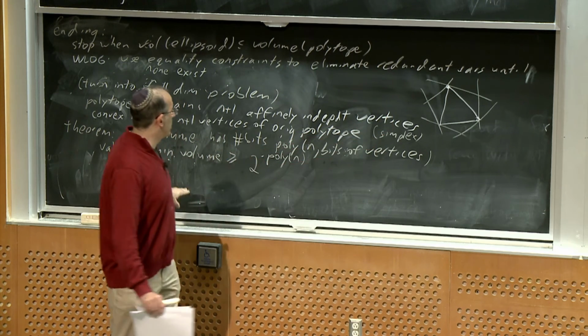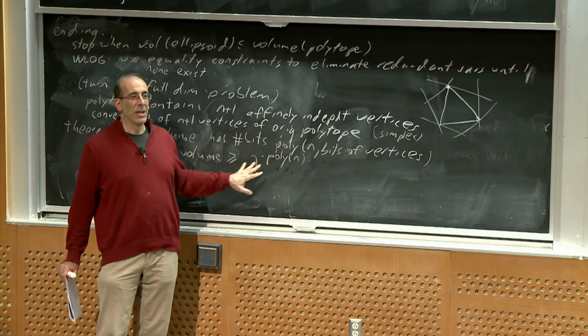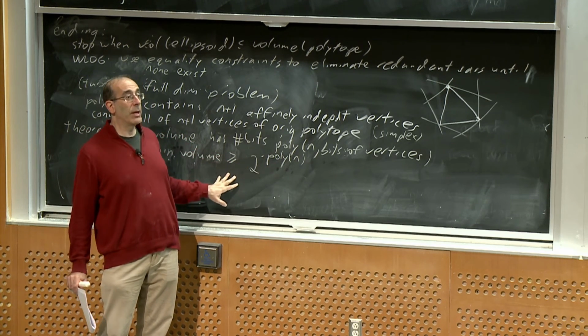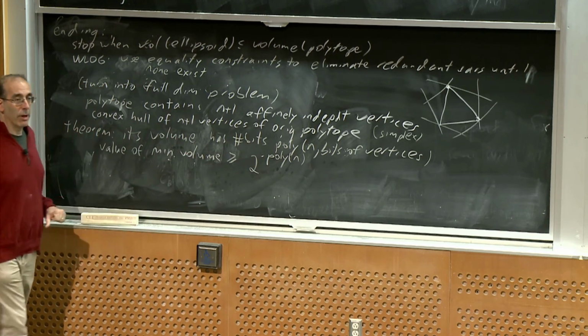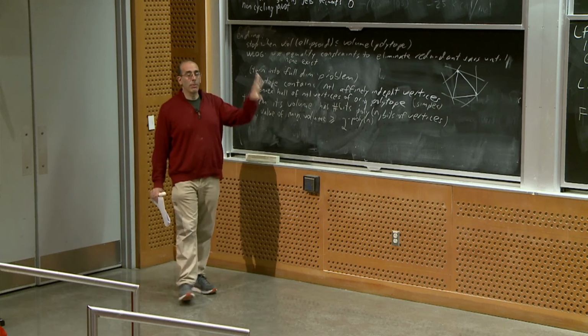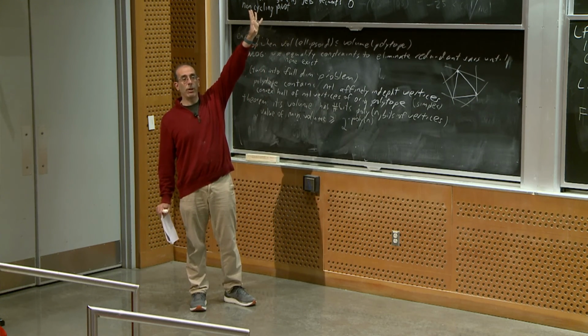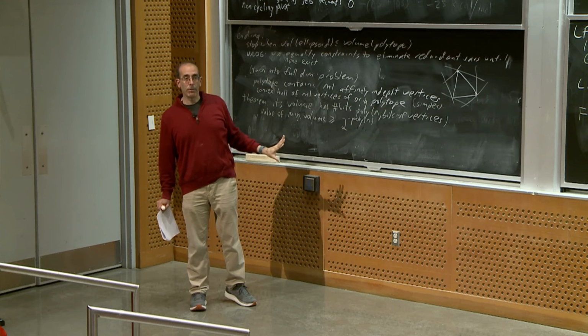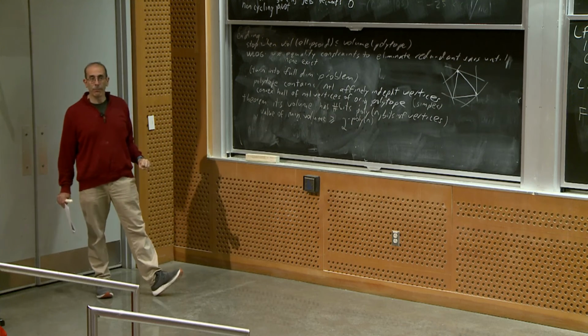Once the volume is a constant, because the ending volume is 2 to the minus a polynomial, a polynomial number of steps will shrink the volume of the ellipsoid below this volume. So all in all, you just need a polynomial number of steps to go from the biggest possible volume that you need to worry about to the smallest volume that you need to worry about.